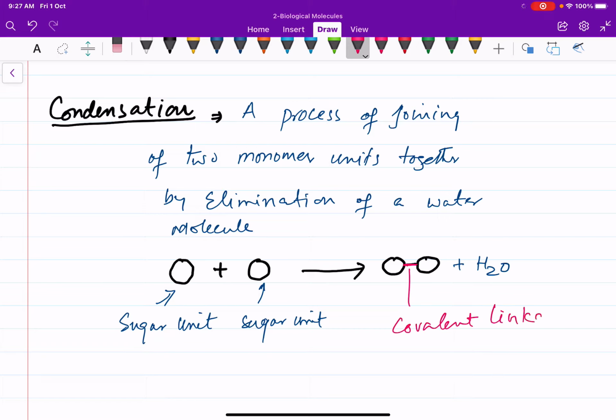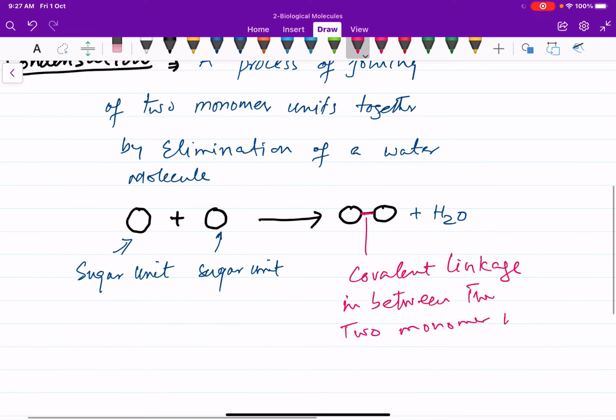Okay, so this is a covalent linkage in between the two monomer units. We can have different monomer units that may join together to make dimers.